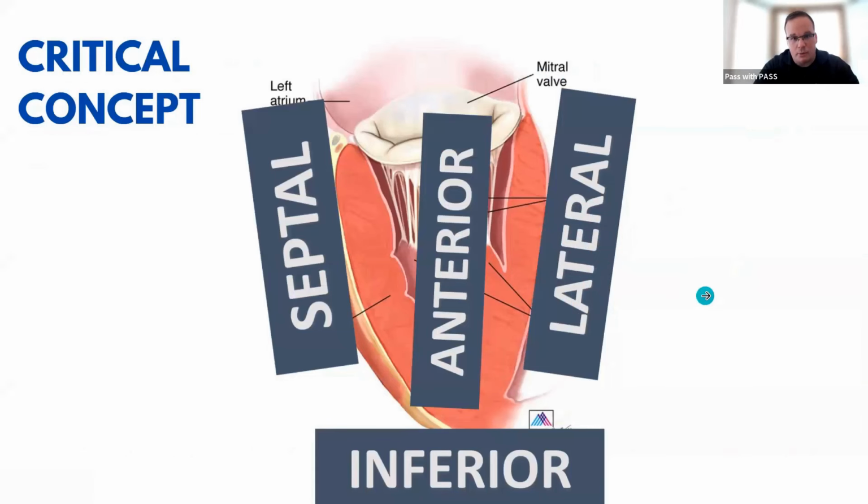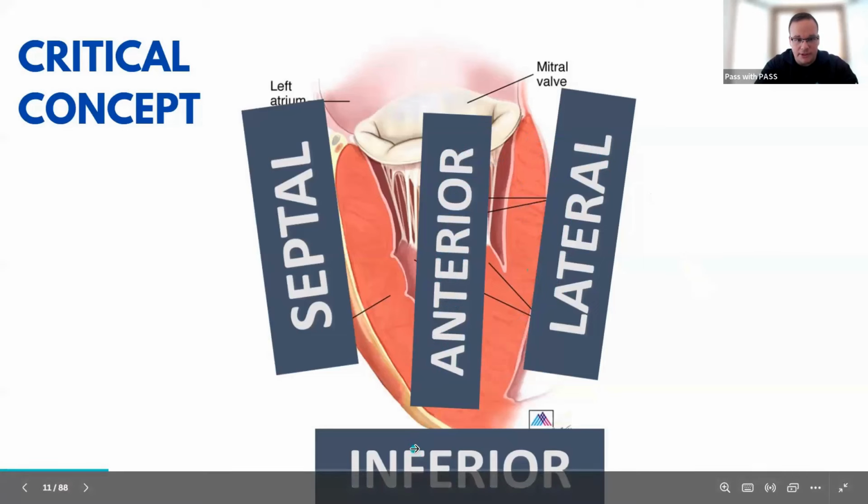So our lateral wall, or leads I, aVL, V5, V6, correspond with the lateral wall of our left ventricle. The anterior leads, V3 and V4, correspond with the anterior wall of the left ventricle.